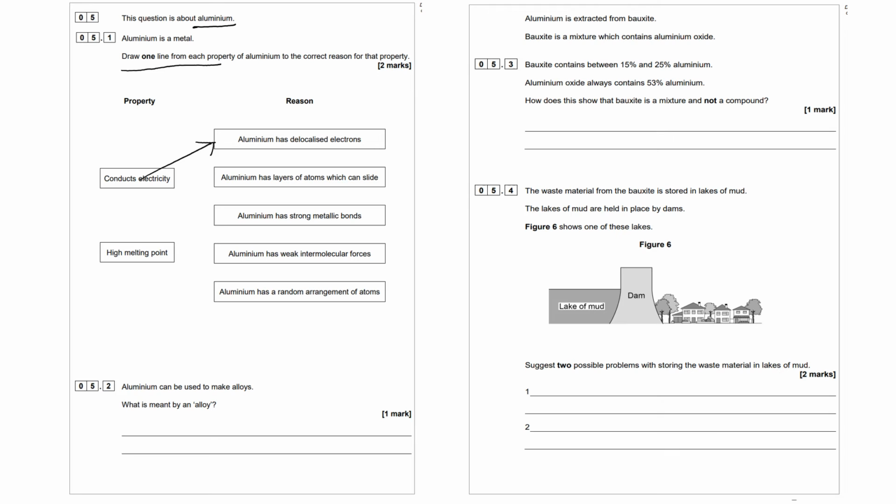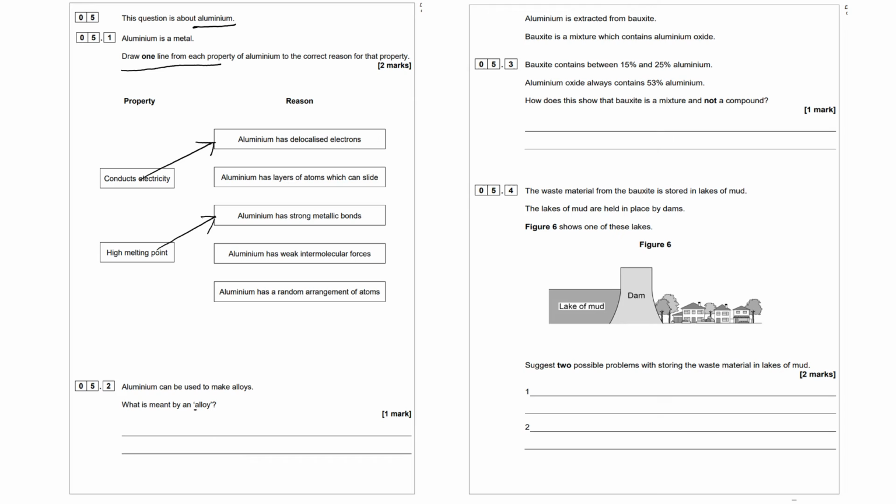And again, it's got a high melting point, and you will be aware that if something has a high melting point, that means it must have really strong bonds. Because aluminium is a metal, it will have strong metallic bonding between the atoms, which means you need to apply lots of energy to break those strong bonds. They said that aluminium can be made from an alloy, and ask you the meaning of alloy.